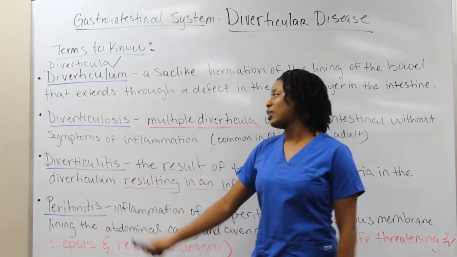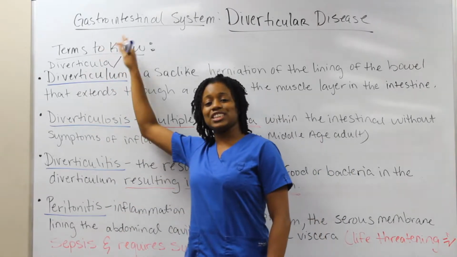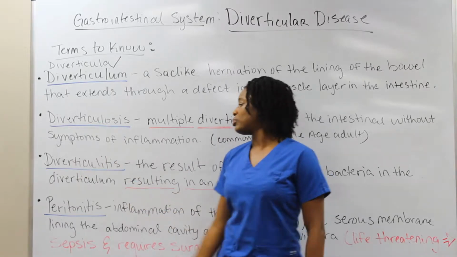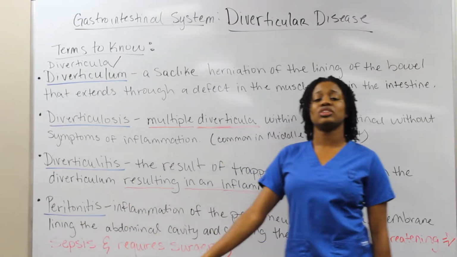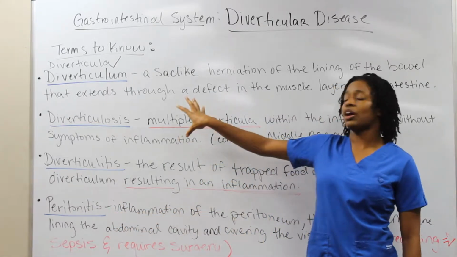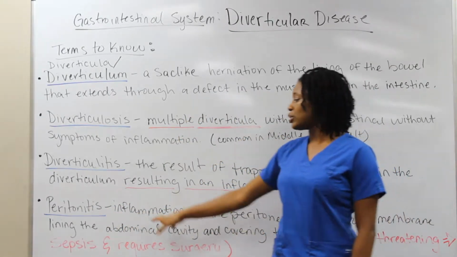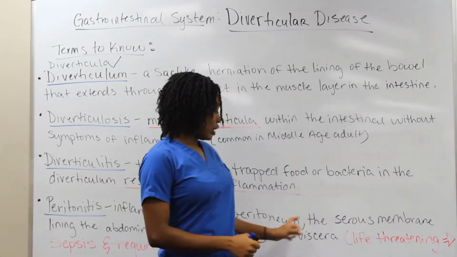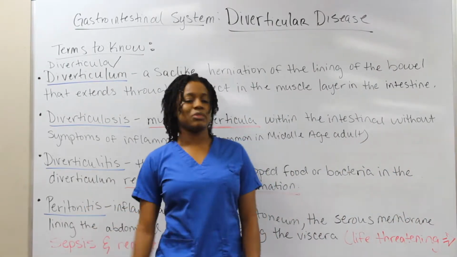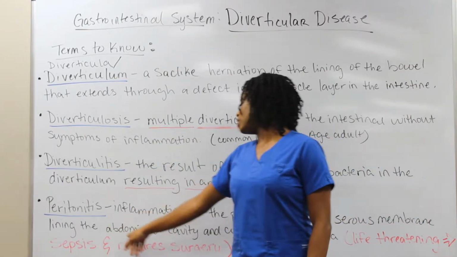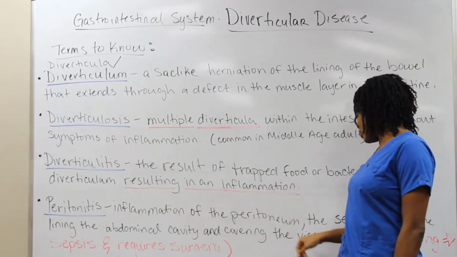Now, peritonitis is definitely different from the rest of these, hence the word doesn't even have a D in it. But peritonitis is one important thing you need to know, because that is the main complication you want to prevent from this disorder. It is an inflammation of the peritoneum, because we have itis here, of the serous membrane lining the abdominal cavity and covering the viscera.